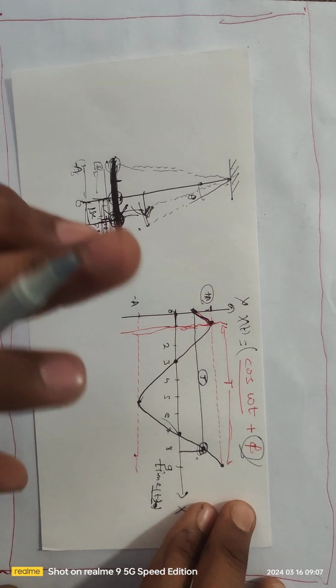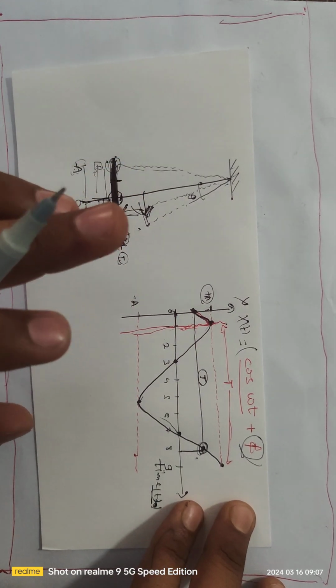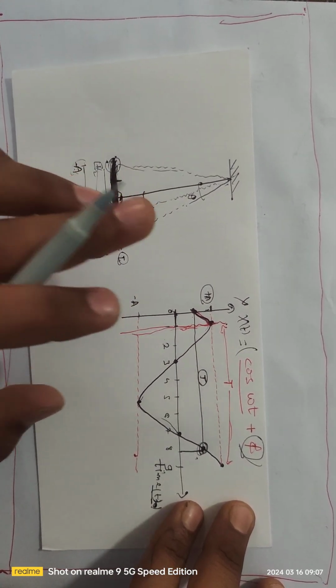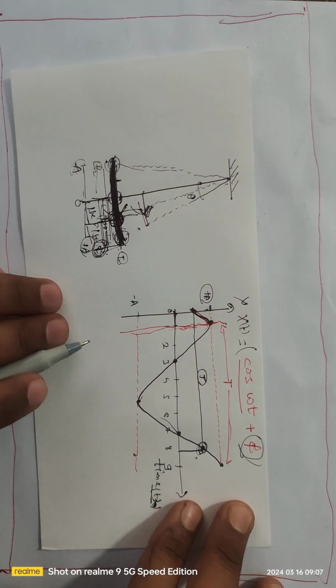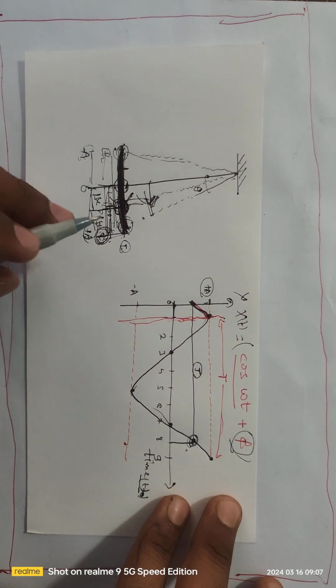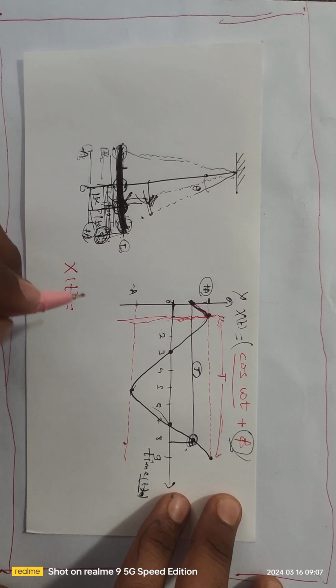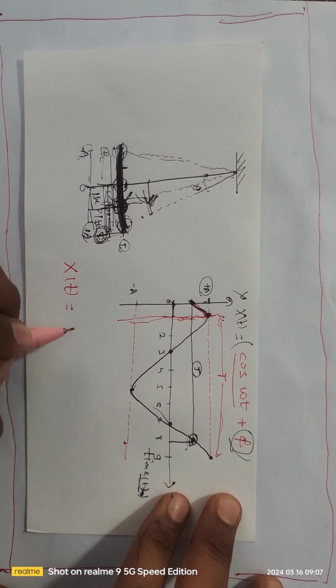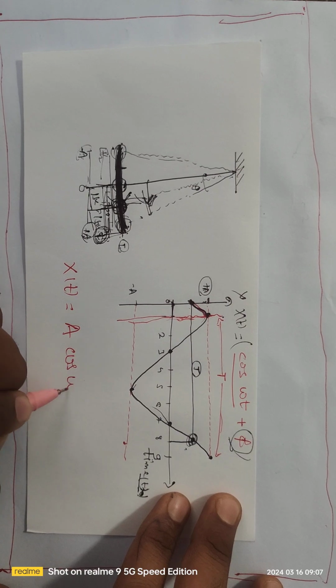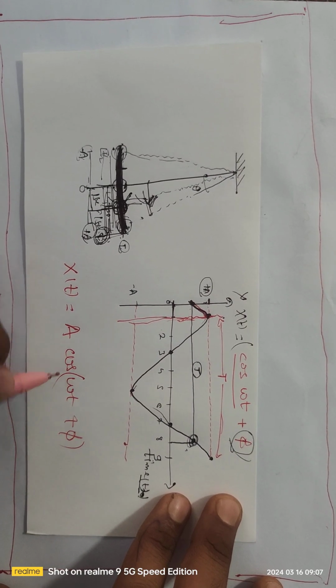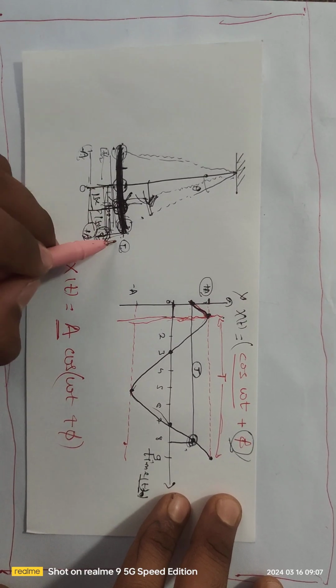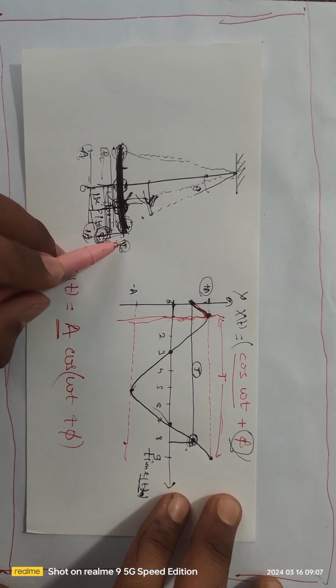In general, our equation of simple harmonic motion will become x(t) is equal to a cos(omega t plus phi). Here a means extreme value, the amplitude.